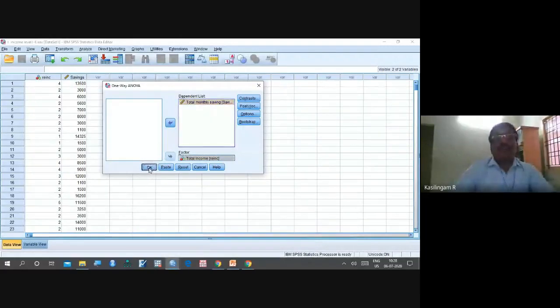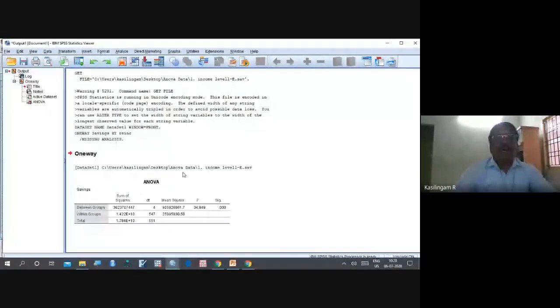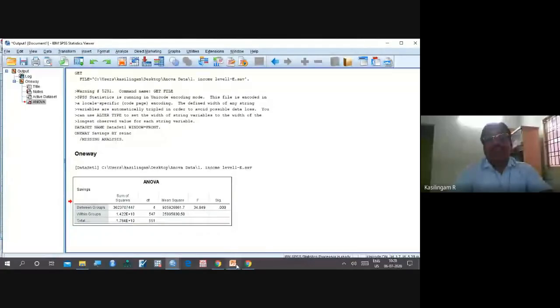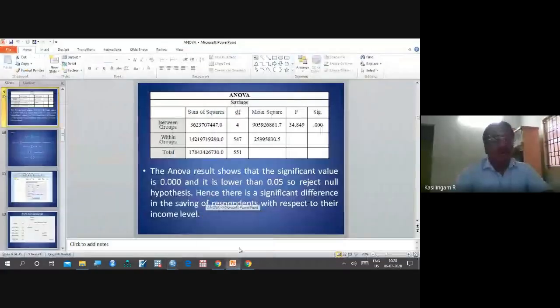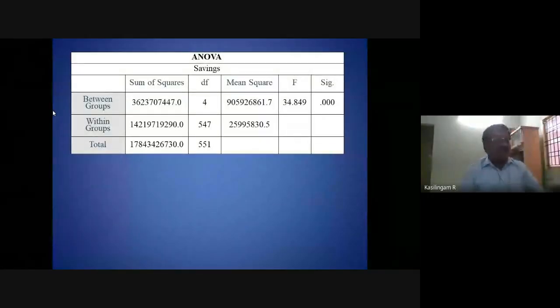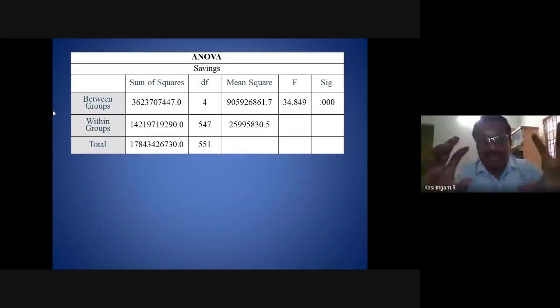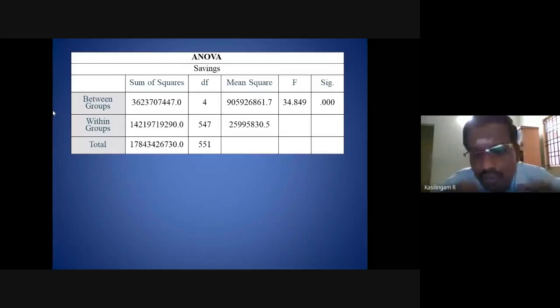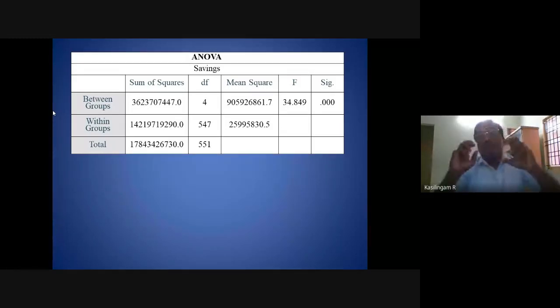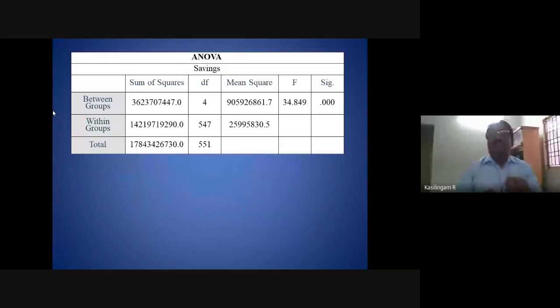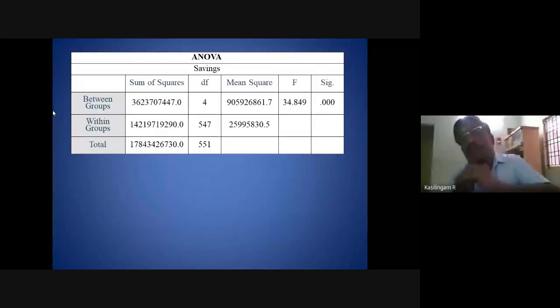If I go to OK, I am getting one small table, the ANOVA table. Let me take it to the PPT. This is the output. Now I have told you already, whenever we see the output, we know what we have to see: the significant value.